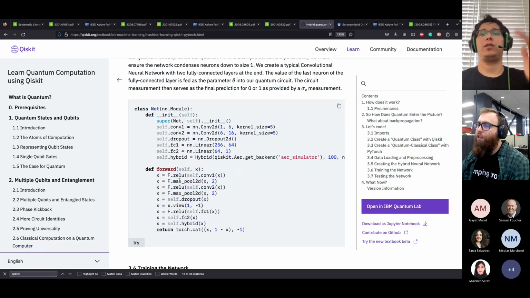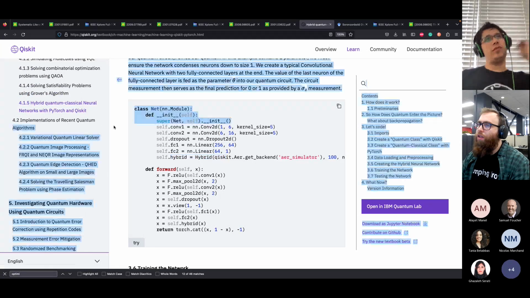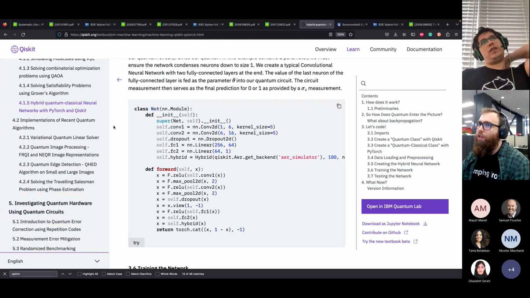The forward pass means how the data is processed by the neural network. Here they include this quantum layer, but you can ignore it, and then you'll have a classical neural network. I would like to give you more of an introduction to neural nets because, as I said, if we use them, it will be more in a black box manner. So you will just download the neural network and use it as a function.